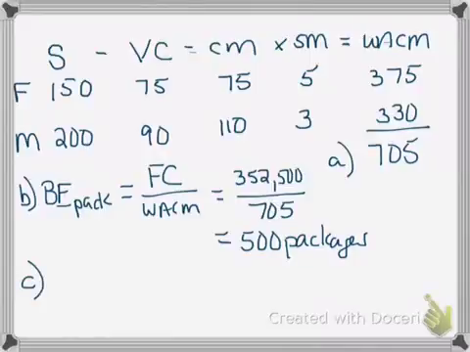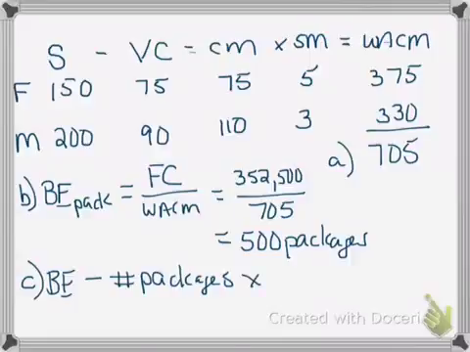The other one it wanted was the break-even in the individual units. So it wants the break-even for F and the break-even for M. And what we would do is we would take the number of packages, and then we would multiply that by whatever that sales mix number is.